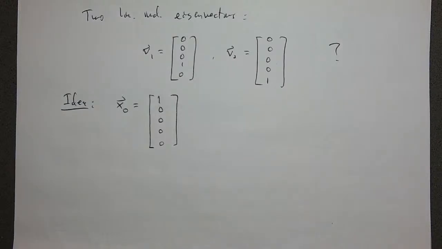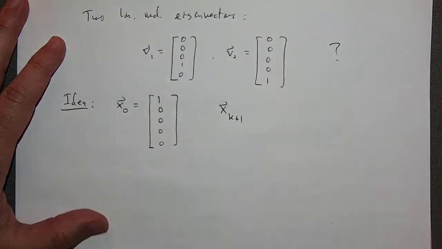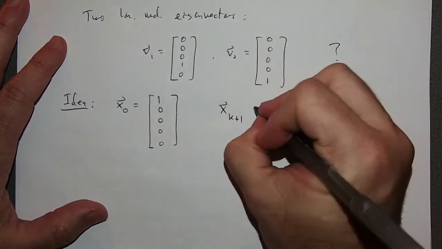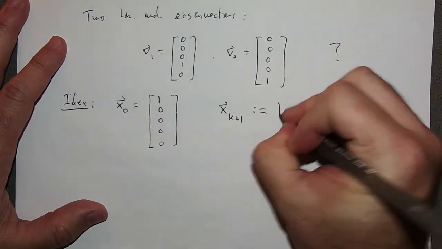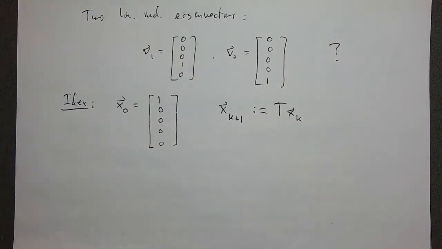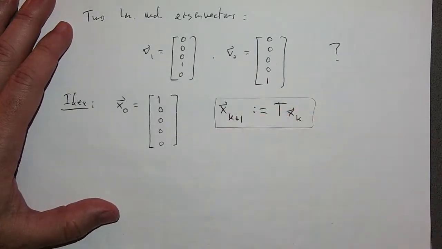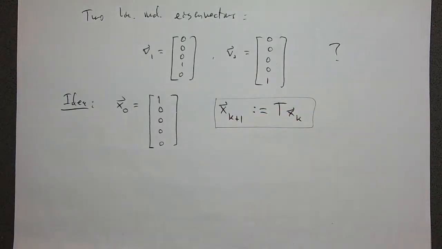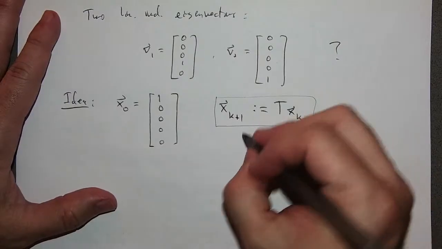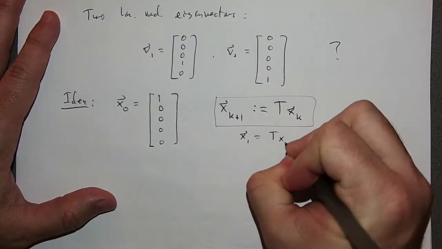Starting with that vector, we then define the k plus first vector to be the transition matrix applied to the kth vector. So in this way, just as previously when we talked about Markov chains, we're in this iterative matrix multiplication process. I'm not going to write all of this out, but we've done this before. So x1 is T times the vector x naught.